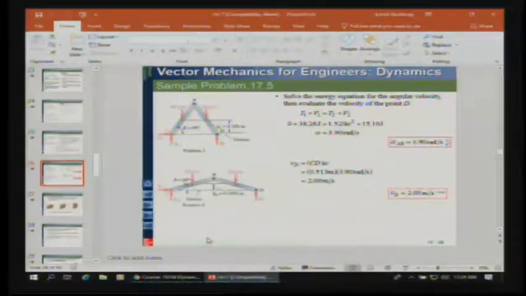This problem strikes me as one you could do more easily using Chapter 16 methods. When you have something that's that clear as a vector, you've already kind of won half of the battle. So I think finding the velocity of D would actually be easier. I don't even think I would need Chapter 16.